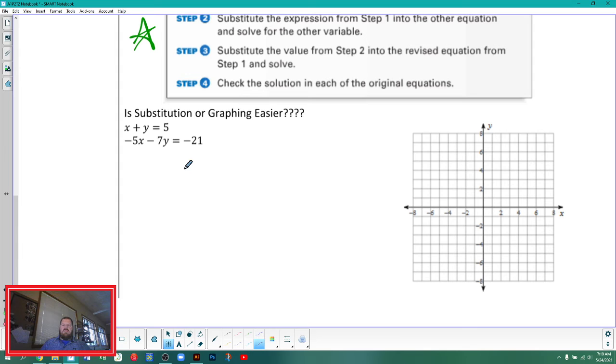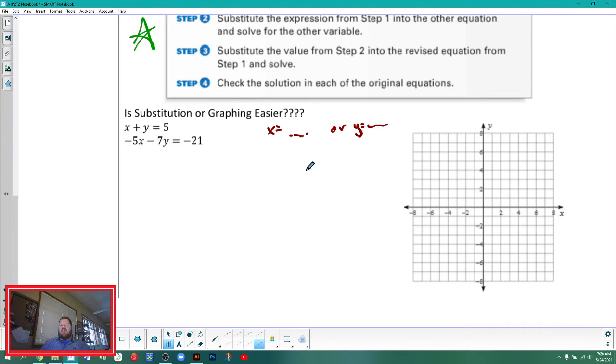Anyways, next one. It's asking, is it easier to substitute or graph? And really, when it comes down to it, I would say it's all based on the difficulty of the equations. Now, granted, this one doesn't have anything set up. This is kind of a hard problem when it comes to substitution because I don't have any equation that says x equals some stuff or y equals some stuff.